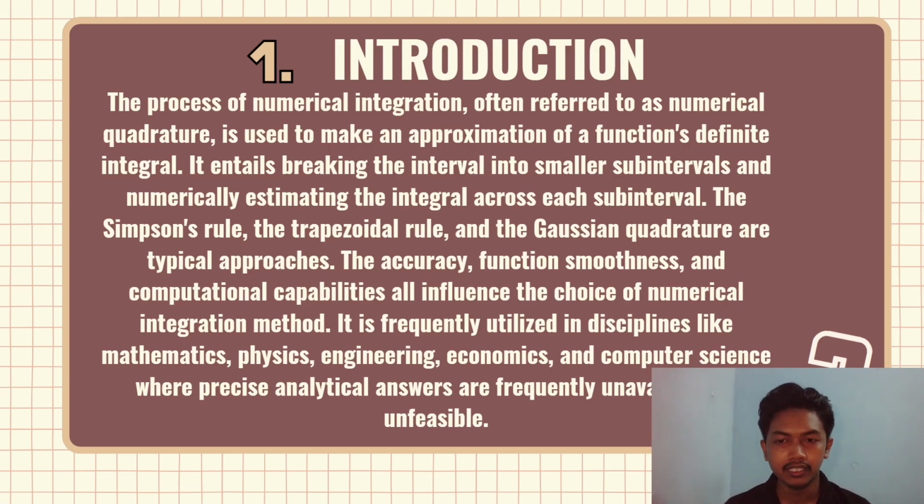Simpson's rule, the trapezoidal rule, and Gaussian quadrature are typical approaches. Accuracy, function smoothness, and computational capabilities all influence the choice of numerical integration method. It is frequently utilized in disciplines like mathematics, physics, engineering, economics, and computer science, where precise analytical answers are frequently unavailable or unfeasible.